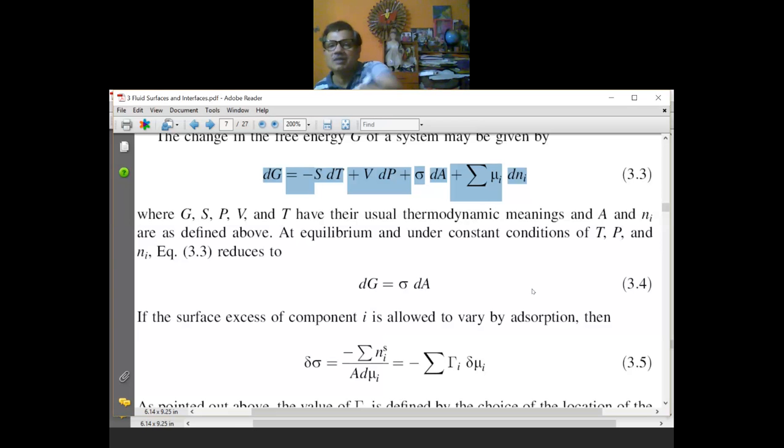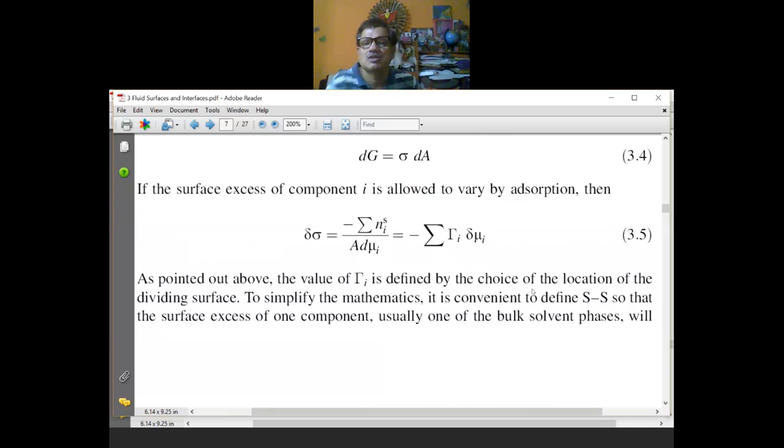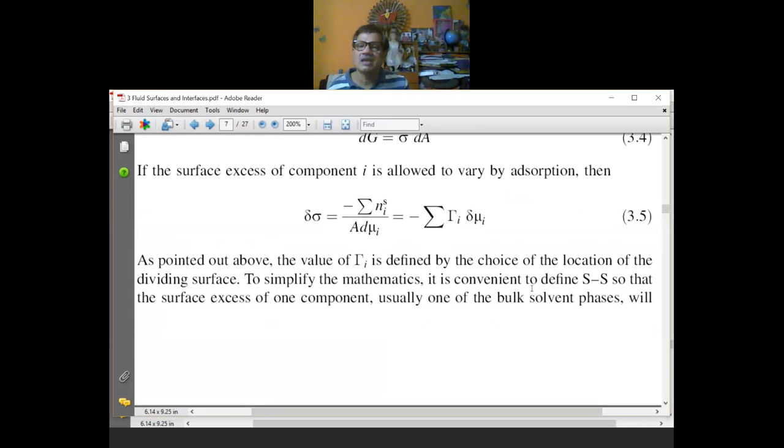Now here, substituting the value of dG, you get d sigma equals minus n i by A d mu i, and eventually that equals minus summation of surface excess and chemical potential change.